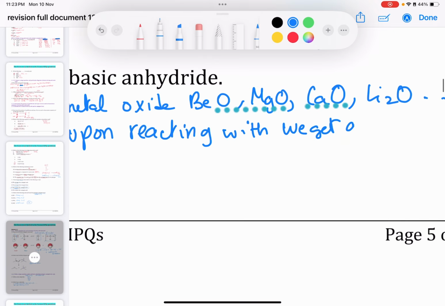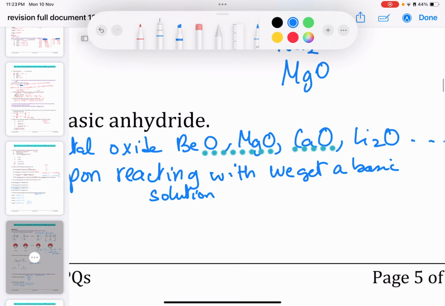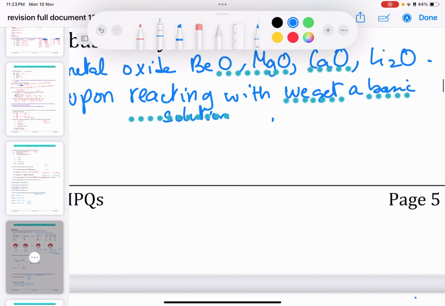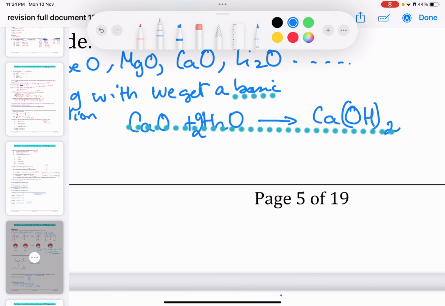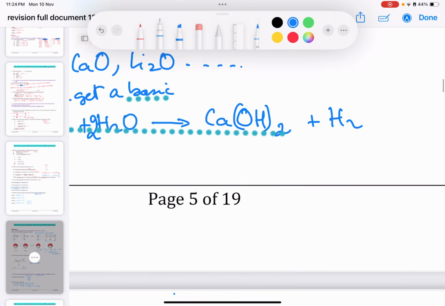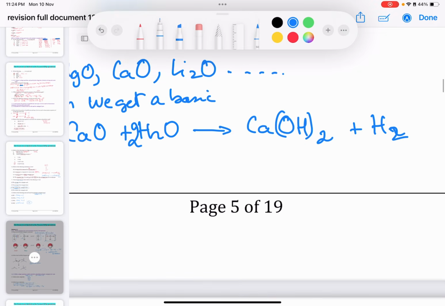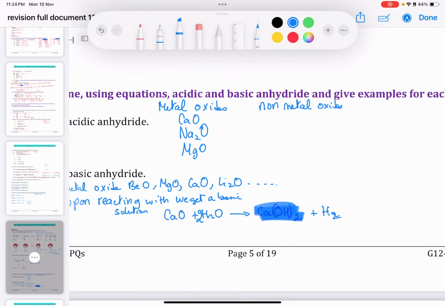We get a basic solution. And I'm going to show you. So if I have CaO plus H2O, I'm going to get calcium hydroxide. What I care about is that I get a basic solution.